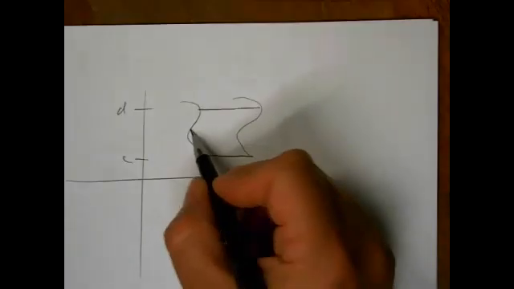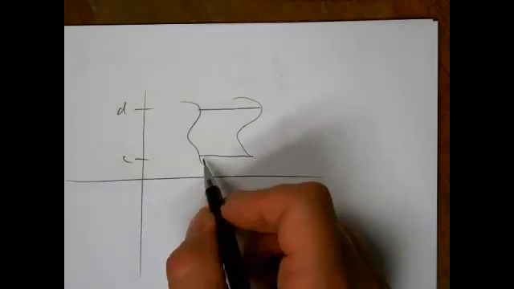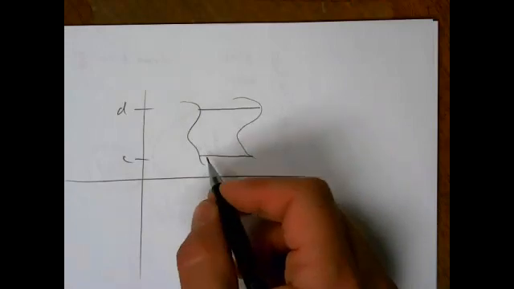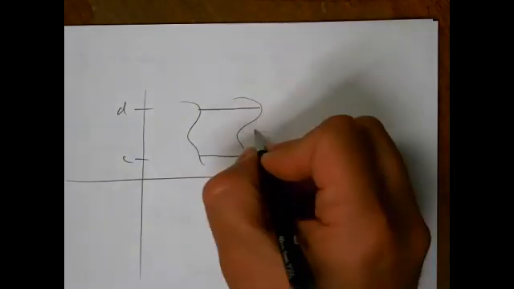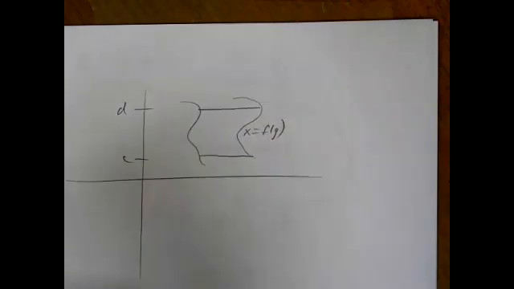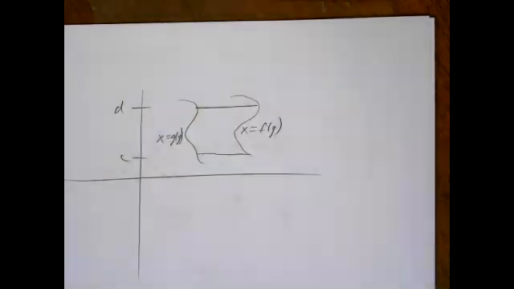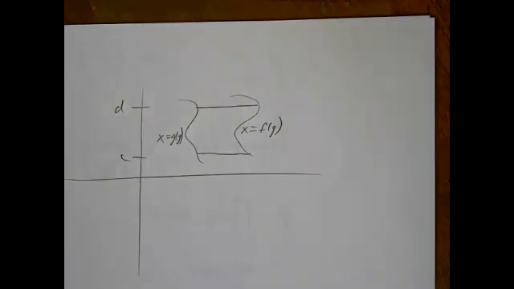This is not an f of x, this is not a g of x. With the orientation that you see here, what we're going to have is x equaling an f of y here, and x equaling a g of y there. Again, with them being oriented in that way, they are not functions of x, they are functions of y.